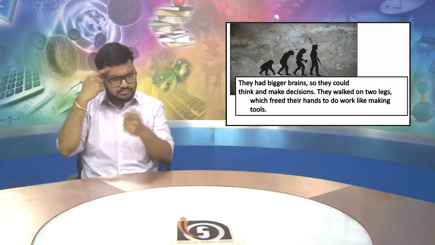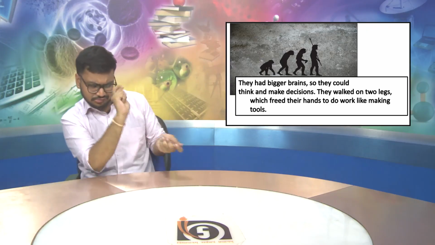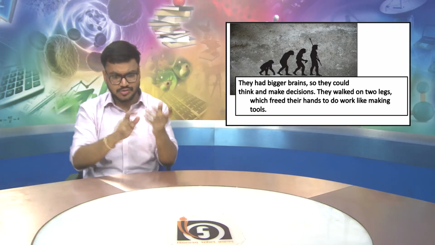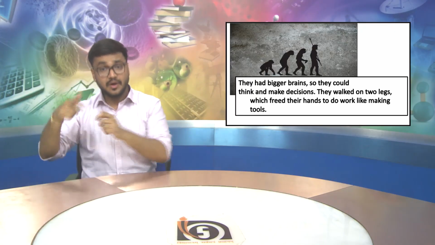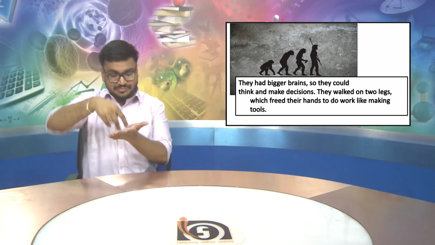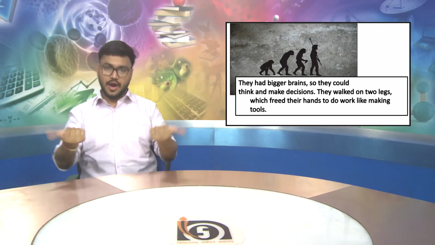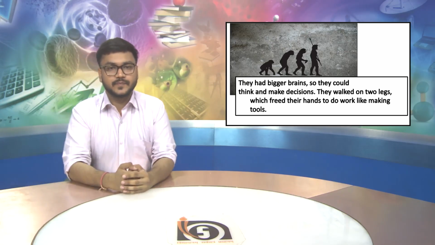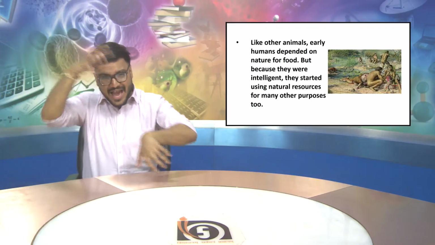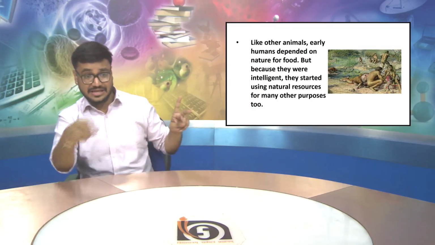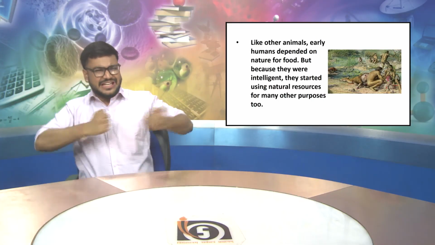They had bigger brains, so they were called humans, and they could think and make decisions. They walked on 2 legs, which freed their hands to do work like making tools, etc. Like other animals, early humans depended on nature for food.